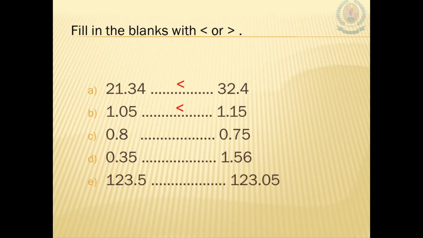So you can tell 0.8 is greater than 0.75. Question D. 0.35 and 1.56. First you want to look at the number of units. It's 0 and 1. 1 is greater than 0. So you can tell 1.56 is greater than 0.35.